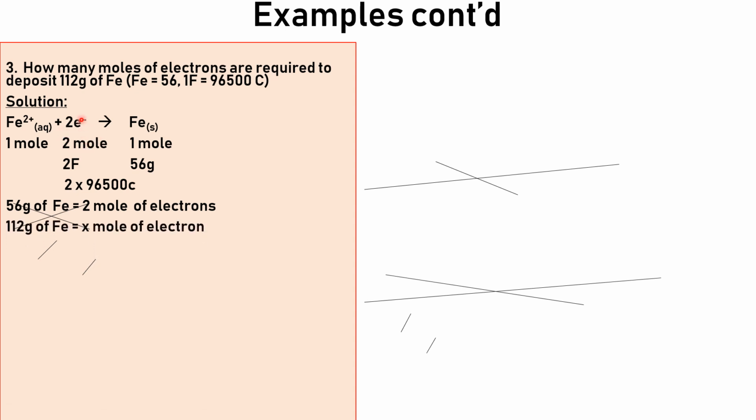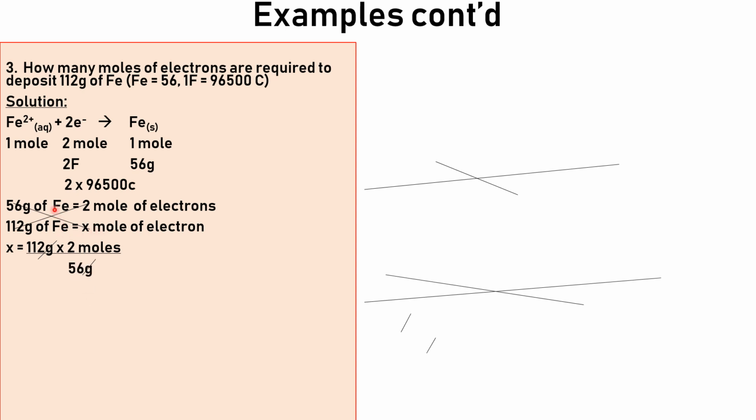And in the question, we are given another mass of iron to be 112 grams, and we are asked to determine the number of moles of electron that it requires. So what I need to do is just cross multiply. 112 grams goes against 2 moles of electron. 56 grams goes with X mole of electron. So make X the subject of the formula because that is what we are looking for.